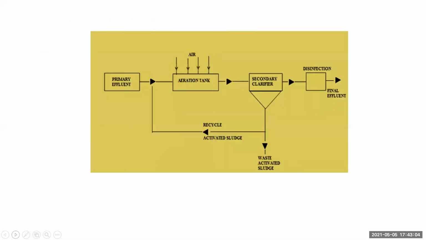If you look at the construction of an activated sludge treatment unit, you have an aeration tank and then a secondary sedimentation tank, or secondary clarifier. Now, after primary treatment, the primary effluent, which we call settled sewage, comes into the aeration tank.